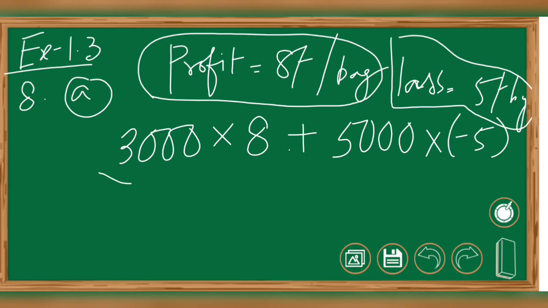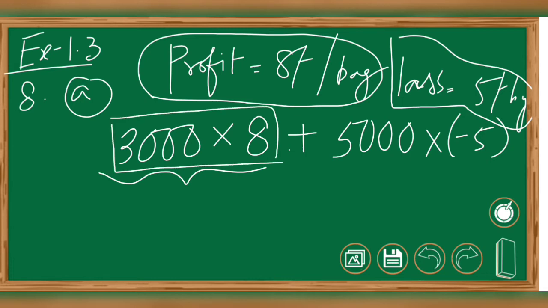Means by selling 3000 bags of white cement, he will get 3000 into 8 rupees extra as profit in total. Since he is making a loss of 5 rupees for selling each bag of grey cement, he will simply get 5000 into minus 5 rupees loss for selling them.